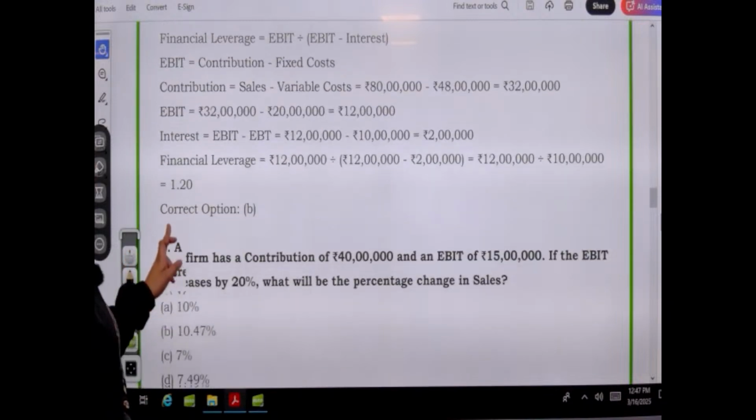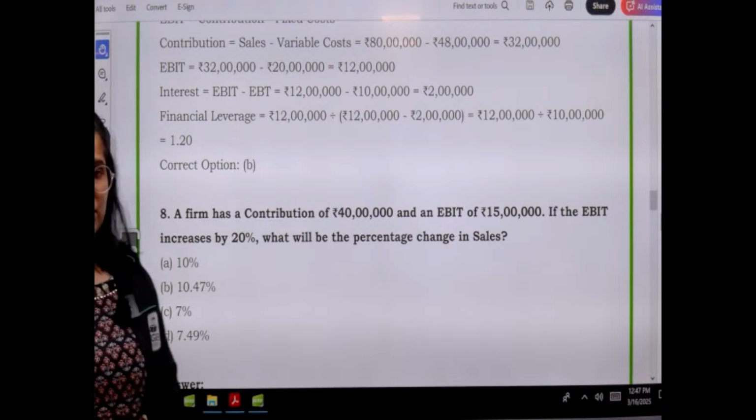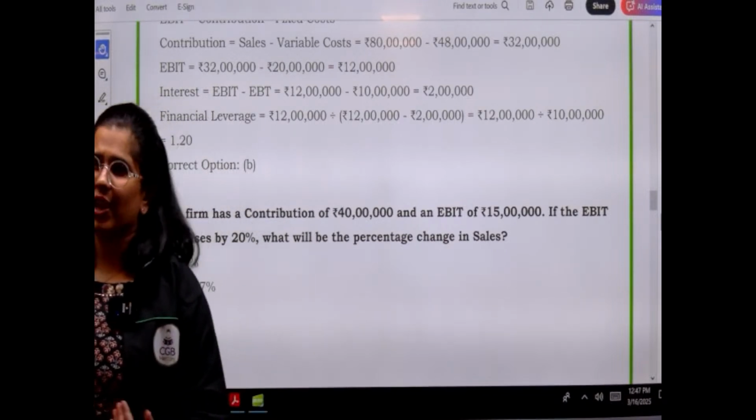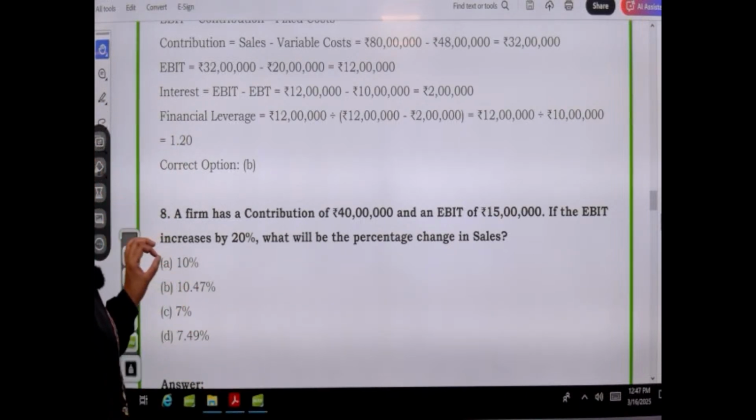Now next we have degree questions. The questions related to degree of operating leverage, degree of financial leverage, degree of combined leverage signify those particular formulas.